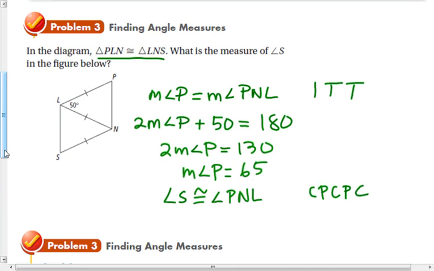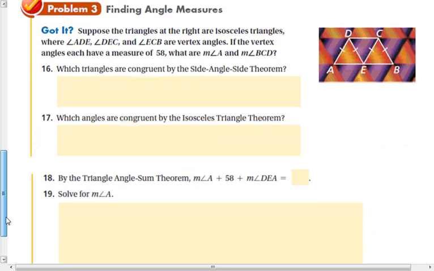And we know that the measure of angle PNL is equal to the measure of angle P, and the measure of angle P is 65, so we can say that the measure of angle S equals 65, and that's by substitution. All right, you try that.